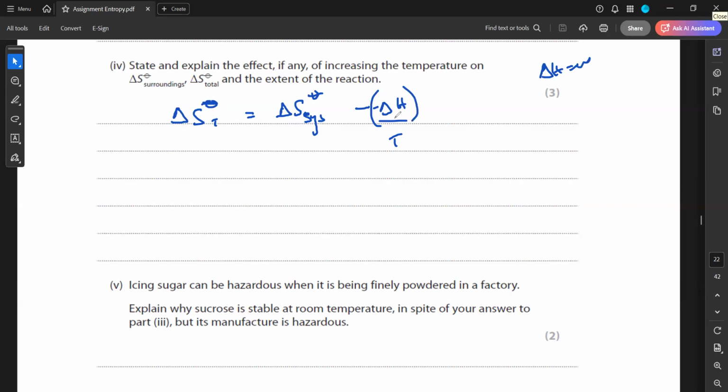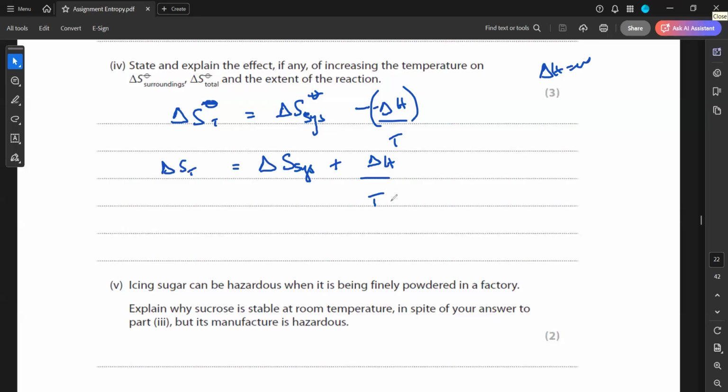So this value will be negative. So entropy of the system plus, because minus negative times negative is positive, plus delta H over T. If I take T as an LCM, it will be T times entropy of the system, or we keep it the same like this.